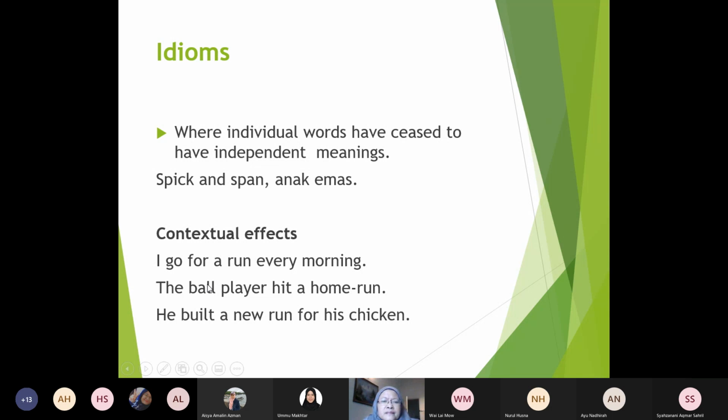So sometimes in semantics we say, whether run in the first sentence is the same as run in the second sentence, and is it the same as run in the third sentence. And as we can see, they are like homophones. Homophone means same sound.